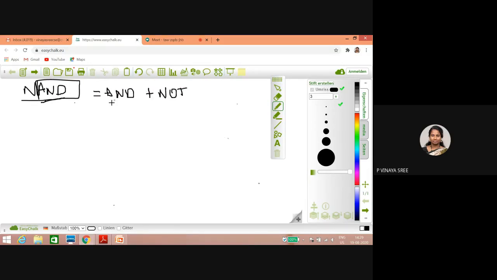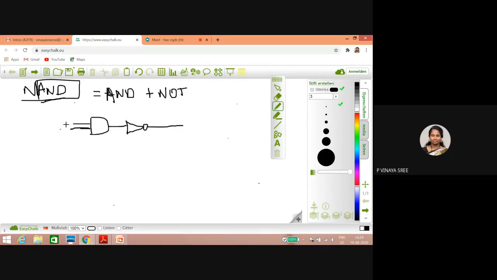We already know the symbol for AND. This is your symbol for AND, where I want to give two inputs. This is your output. So I am representing NAND as AND plus NOT. This is your NOT.